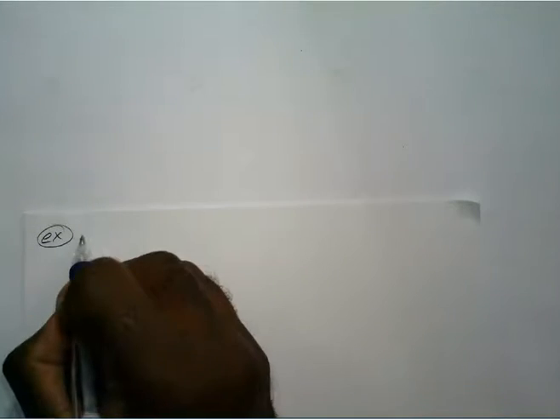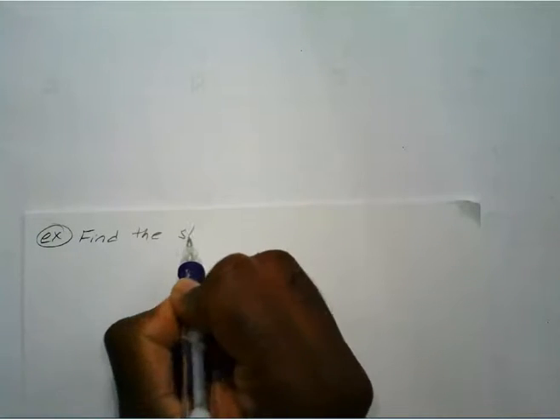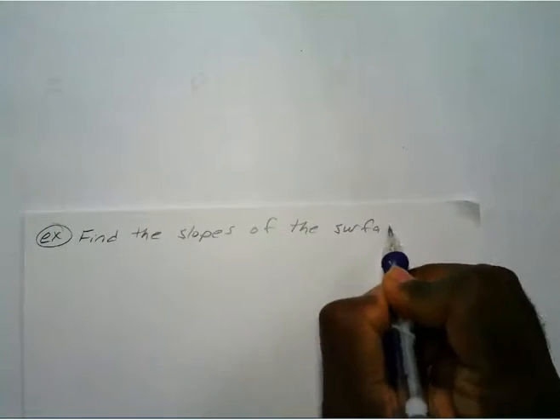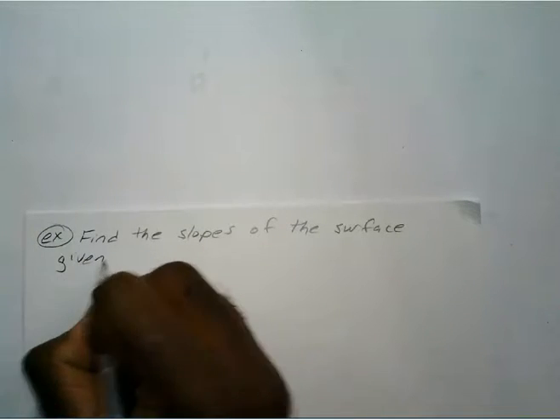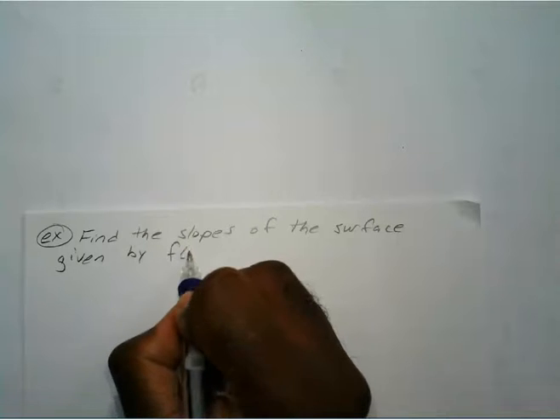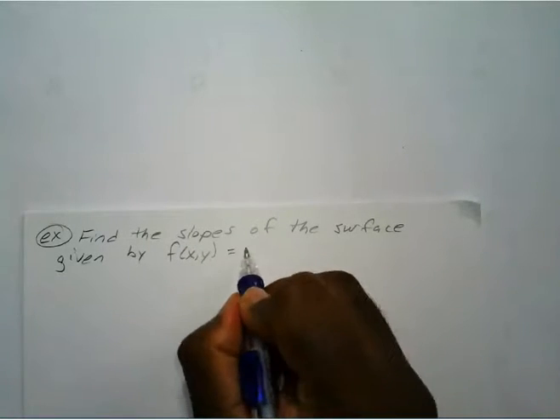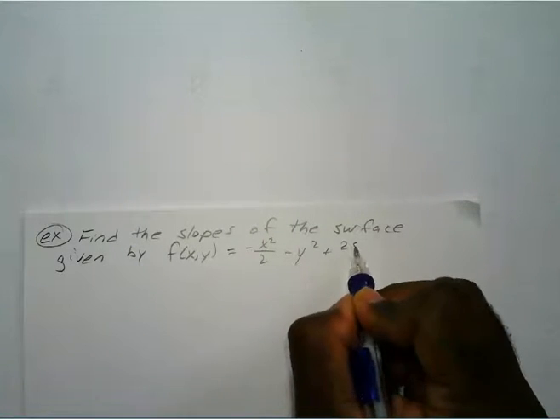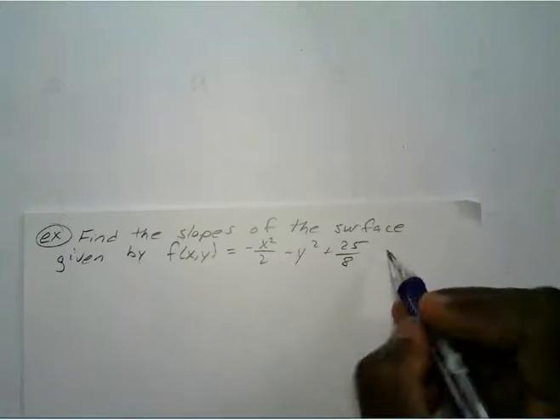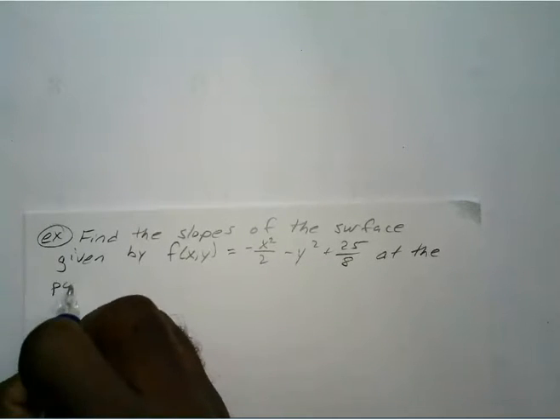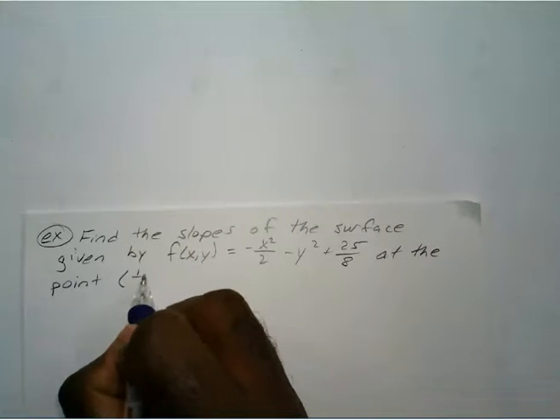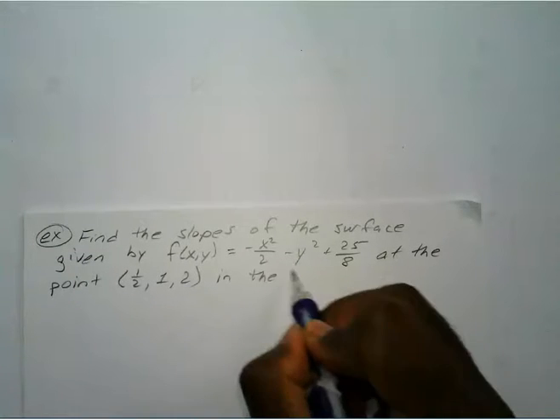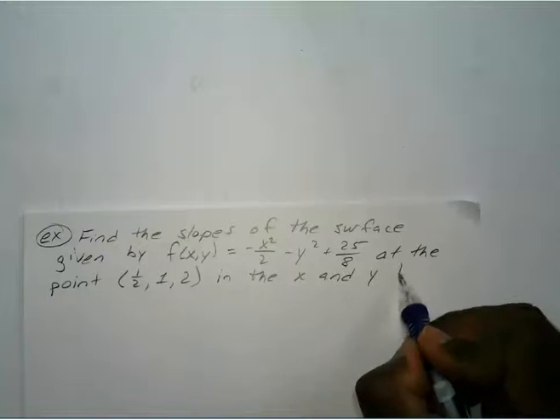So, for example, what if we wanted to find the slopes of the surface given by f of x, y equals negative x squared over 2 minus y squared plus 25 over 8 at the point 1/2, 1, 2 in the x and y directions.